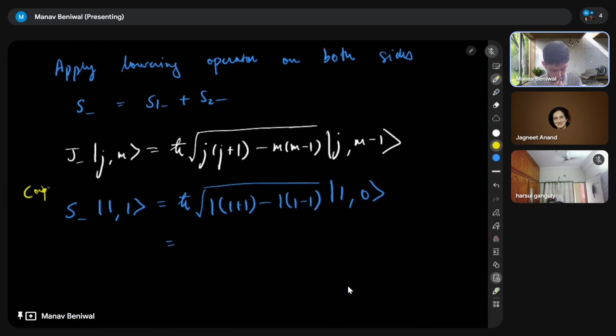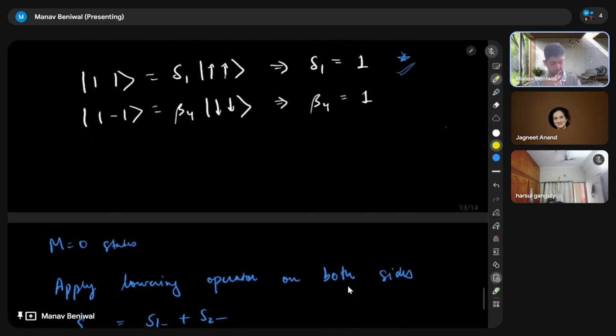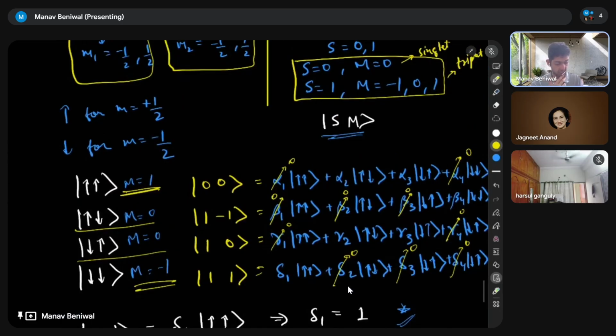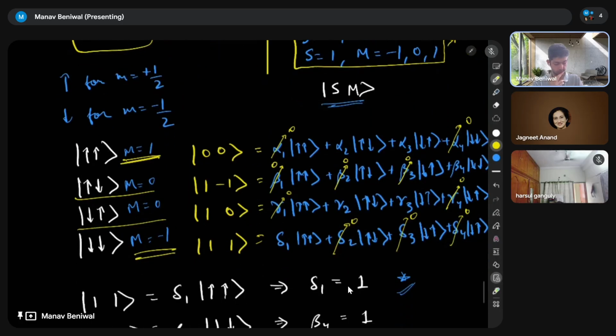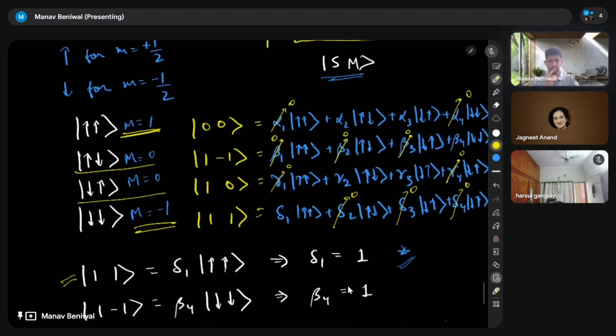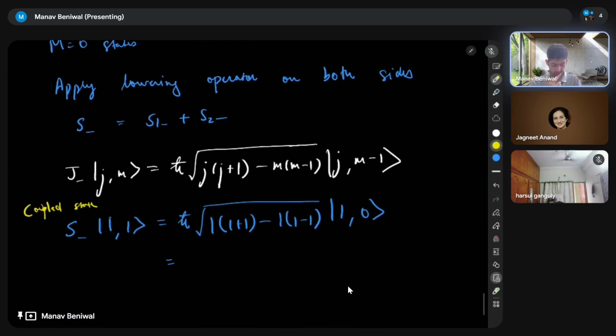So right now I am doing the coupled state, specifically considering s is 1 and m is 1, the highest weight state. So my s is 1, m is 1 for the coupled state. So this will be just root 2, so this will be root 2 h-bar times 1 comma 0.